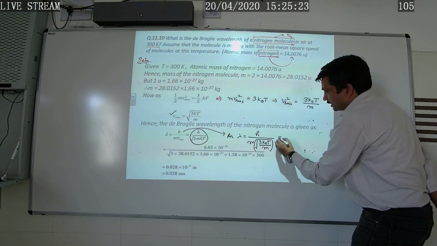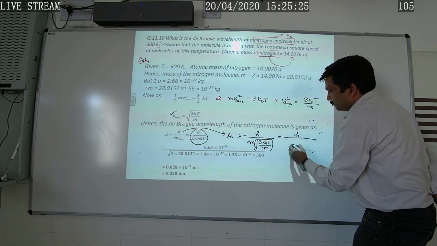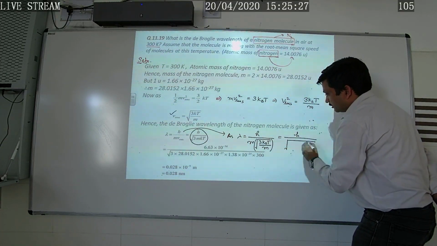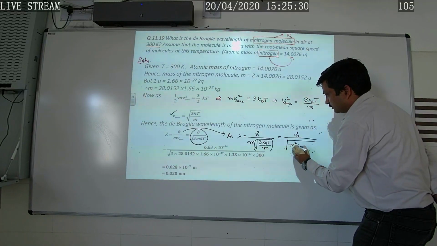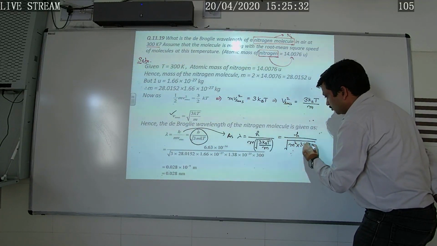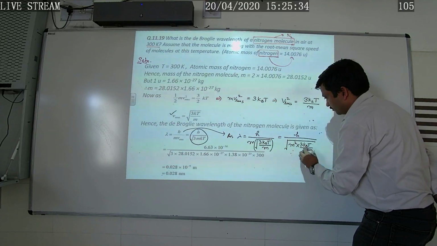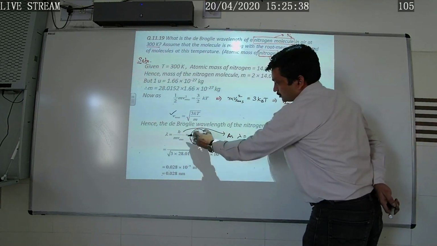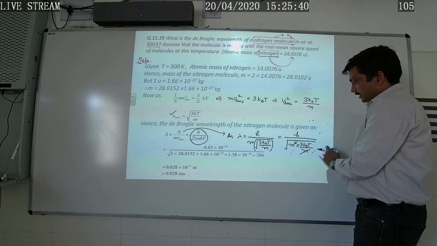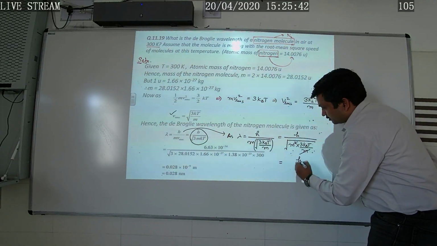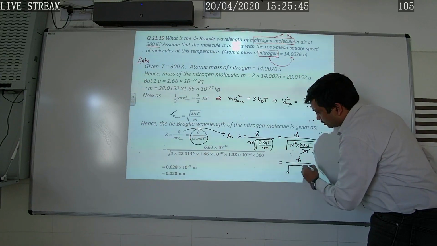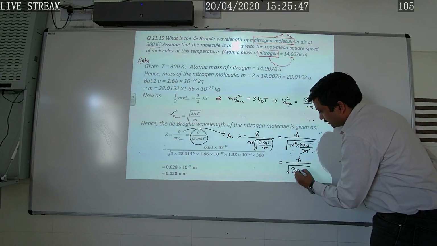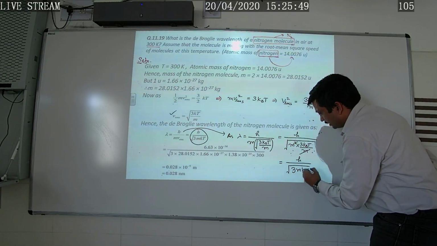Now take the m inside, so it is m squared into 3 kBT over m. This m and this m get cancelled out, and finally we get h over the square root of 3m kBT.